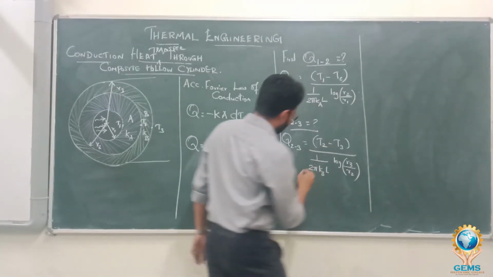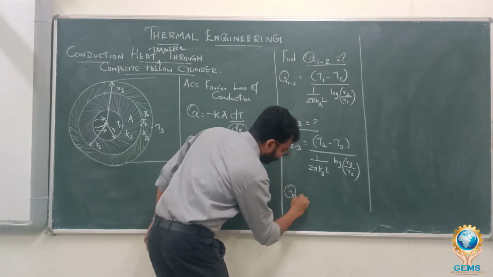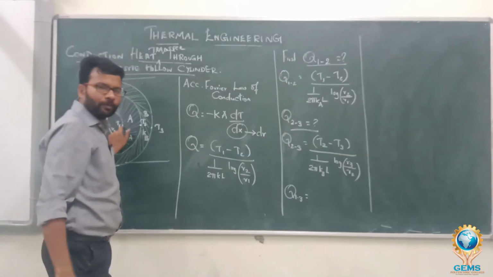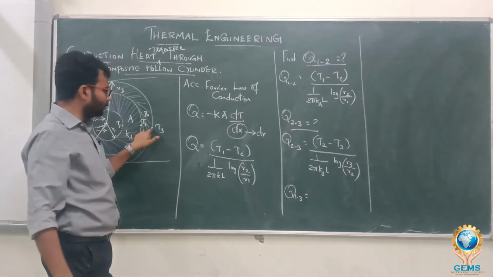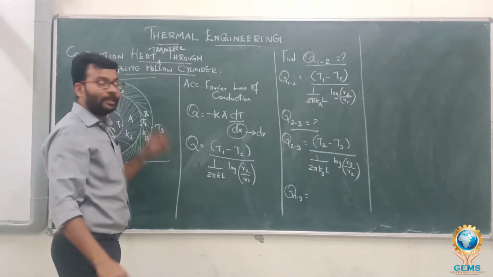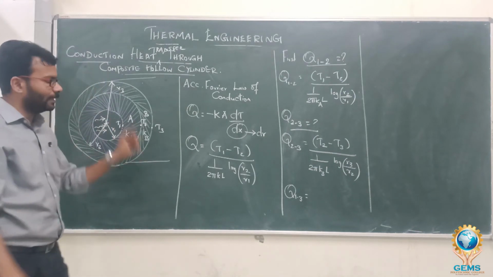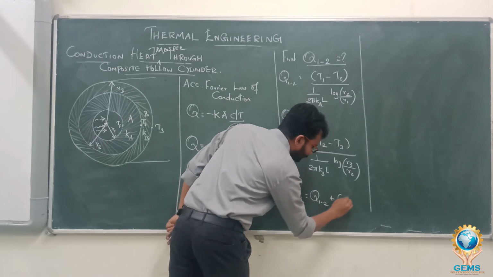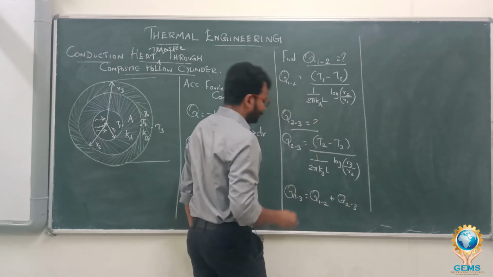Then we have to find Q of 1 to 3, the overall heat transfer from the center surface to the outer surface. The overall heat transfer will be Q of 1 to 2 plus Q of 2 to 3.